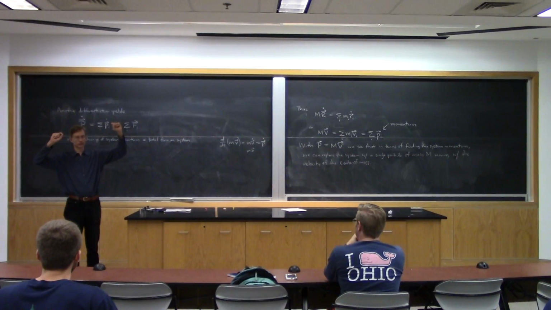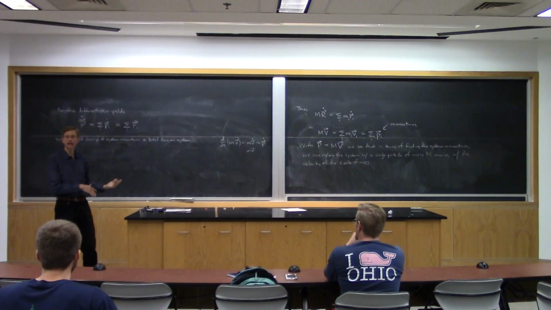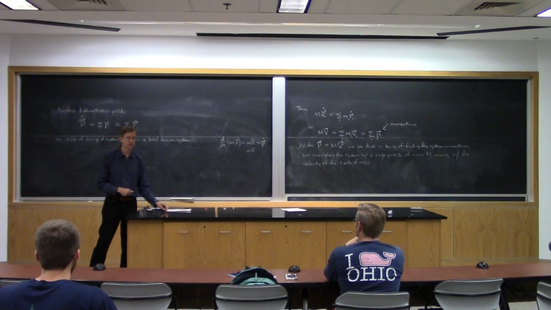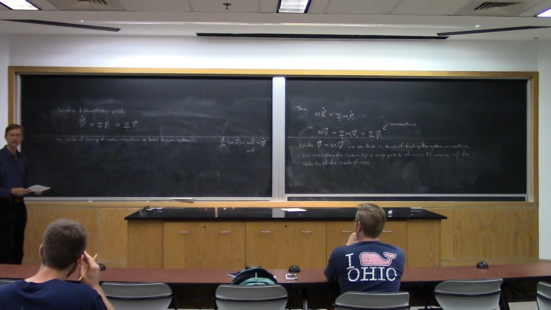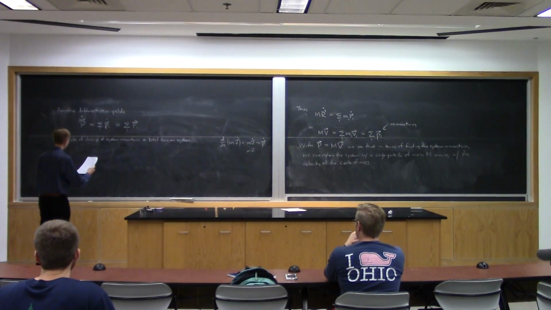Equal and opposite. So internal forces cancel in pairs, because any forces that the particles exert on one another obey Newton's third law, equal and opposite. So the sum of the internal forces adds up to 0 because they cancel in pairs from Newton's third law.